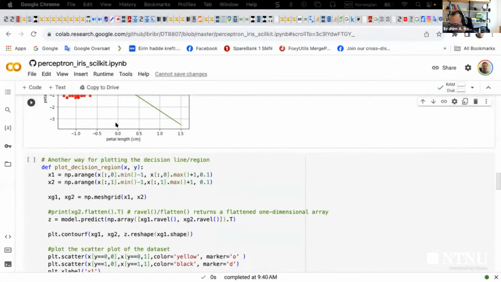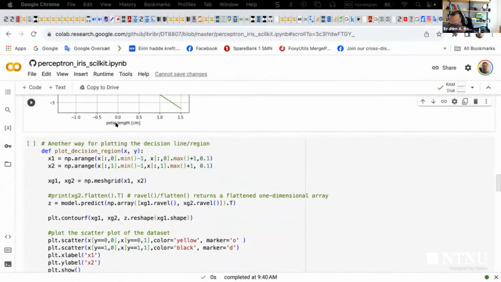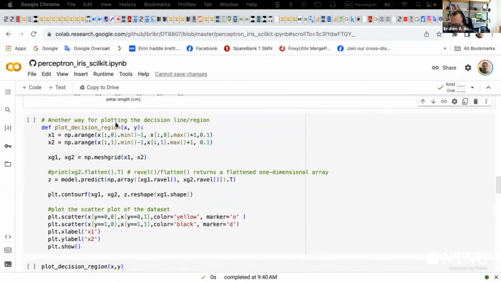There is also another way, and this other way is to use meshgrid. It's also simple. You need to generate values. I will explain it here in a two-dimensional space, for example. So this is my data points, this is x1, and this is x2.